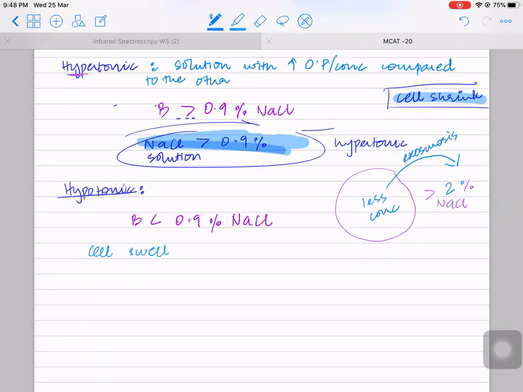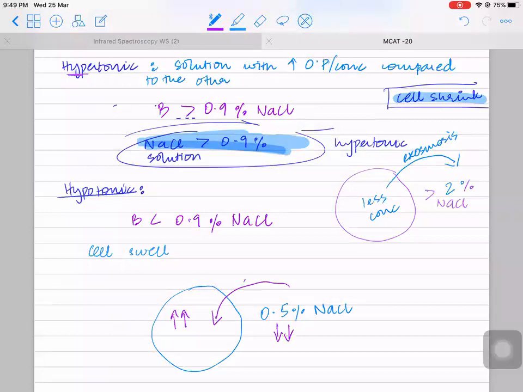But if you place it in a solution which is less concentrated, let's say 0.5% NaCl, a hypotonic solution, here your concentration is less and here your concentration is more. So your movement will be inside the cell. Endosmosis will happen, so your cell will swell. I think you already knew this.